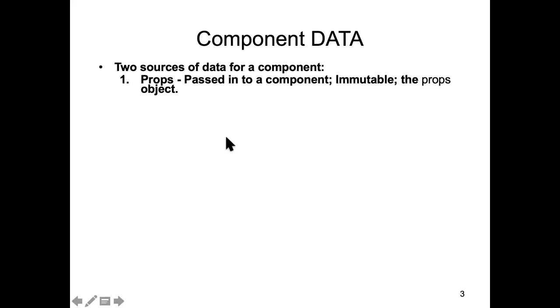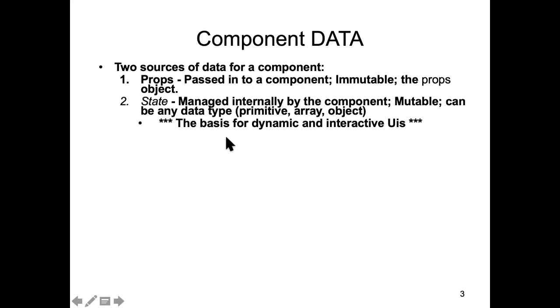The second source of data for a component is everything that props isn't. The second source of data is what we call state. State is data that is managed internally by a component, so it's private to it. It is mutable, or changeable. That's very important.